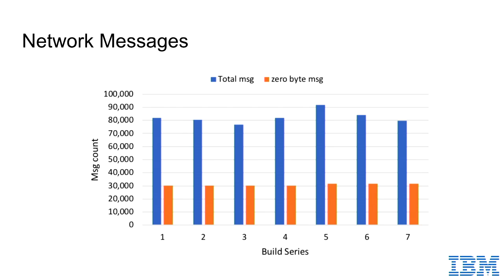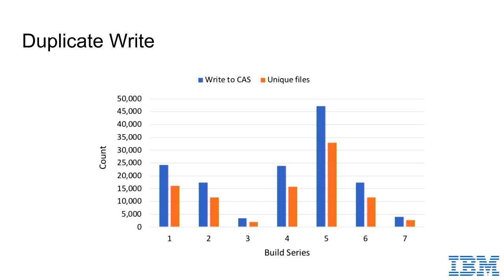We're not sure whether it's just the behavior of the way the Bazel script is written, or whether it's intended to work this way. But if we can avoid this, then potentially we can save a fair number of messages to the cache, about 30%.